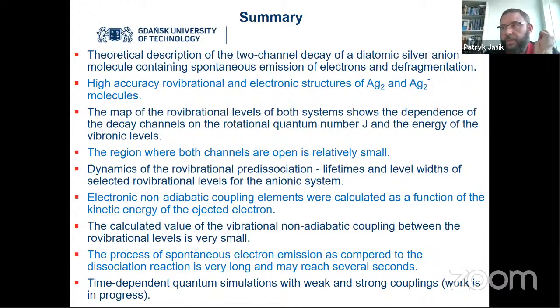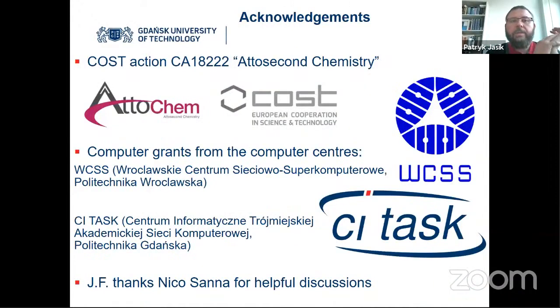We showed that this process is quite fast, nanoseconds and picoseconds. And later we calculated non-adiabatic couplings to calculate some features of spontaneous electron emission. And this process is very long in comparison with the dissociation. And we are working on codes which will allow us to do time-dependent quantum simulations with weak and strong couplings.